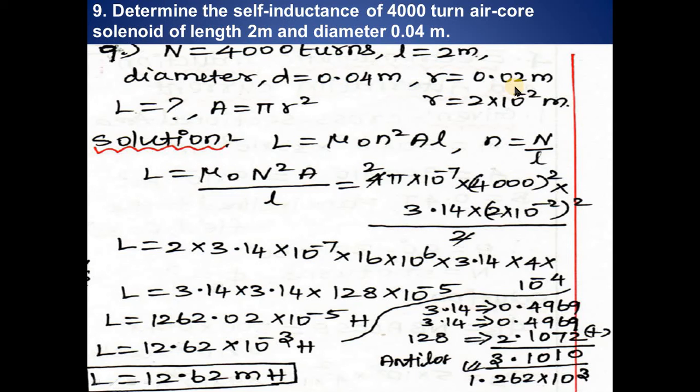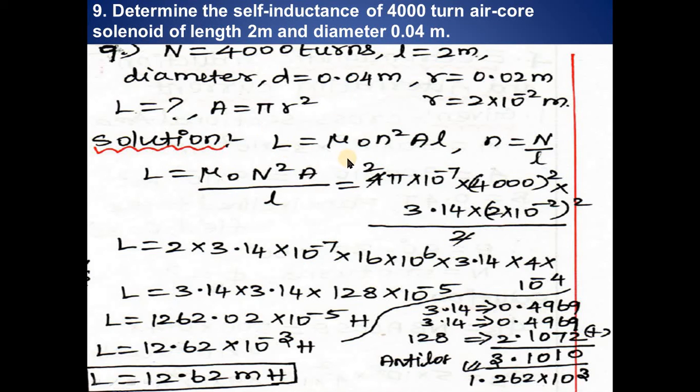Radius R is equal to 0.02 meter, because diameter divided by 2 is radius. Now L is equal to question mark. A is equal to pi r square.